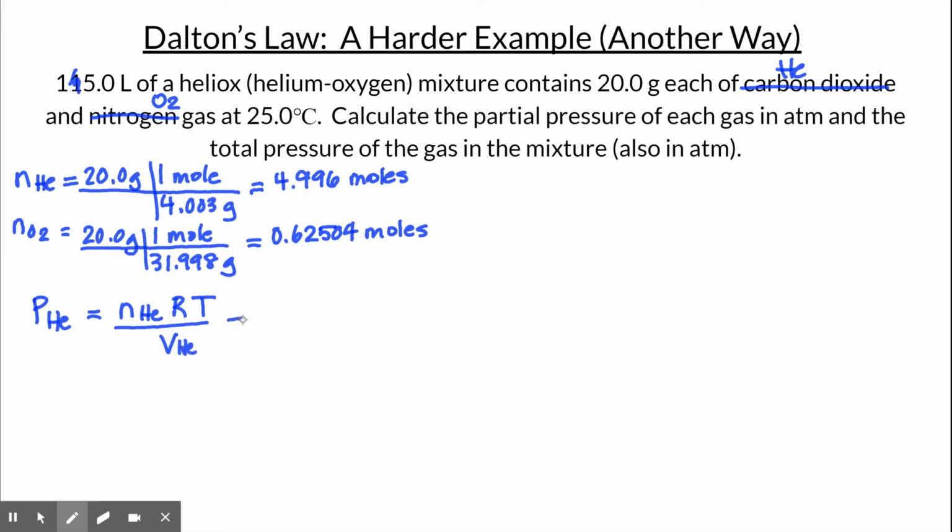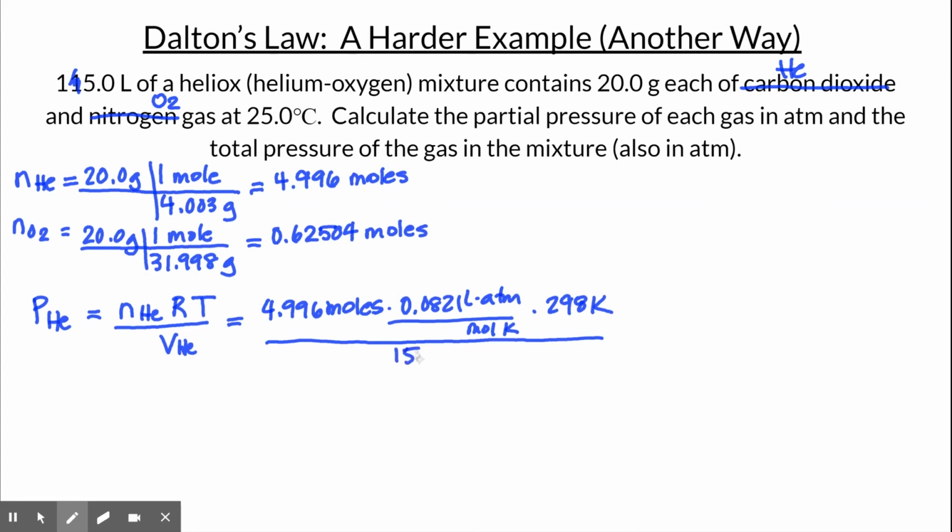So the number of moles of helium, 4.996 moles, times 0.0821 liters atmospheres over mole K times 298 K, all over a total volume of 15 liters, which is the same as the volume of just the helium. Solve and you get 8.148. This is one of our answers, so we're going to round this to 3 significant figures, so 8.15 atm.